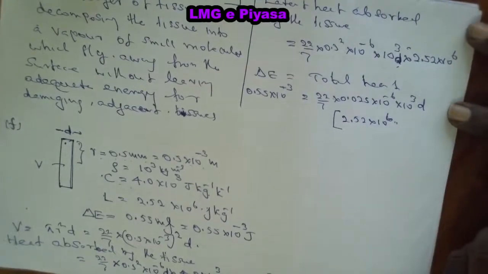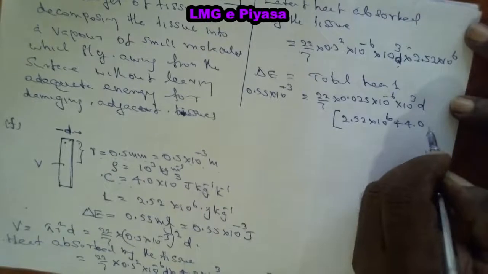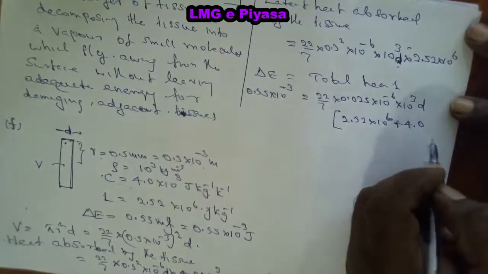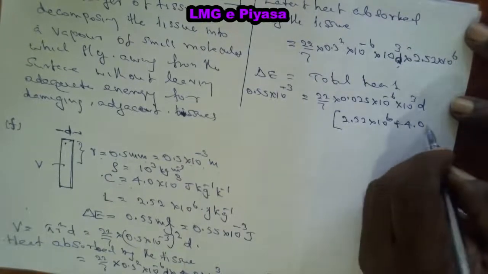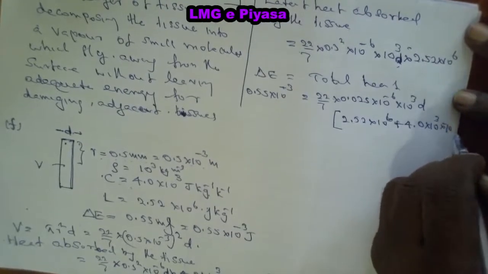Then plus 4.0 into 10 to the power of 3 into 70.